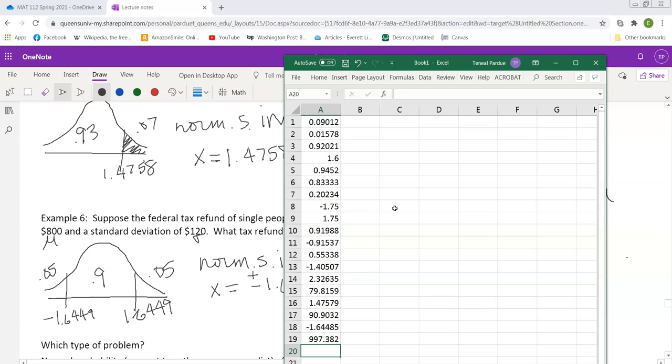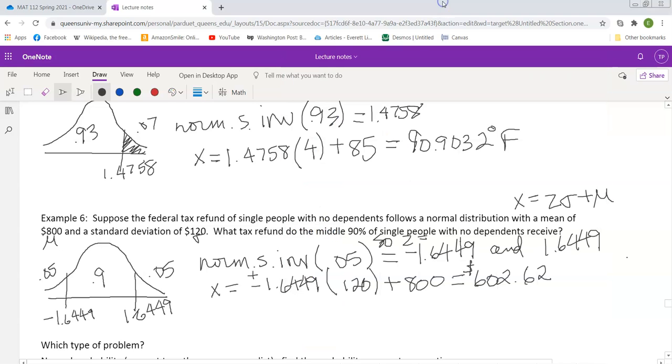Otherwise it's the same calculation, and we get positive 997.38.